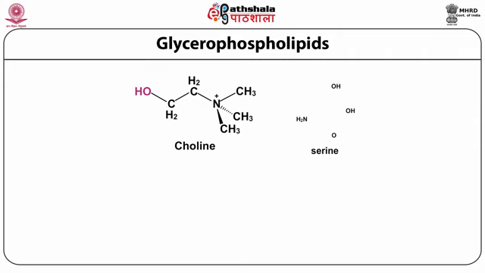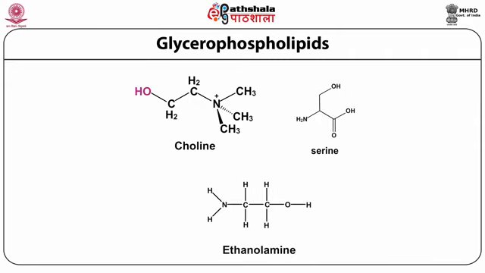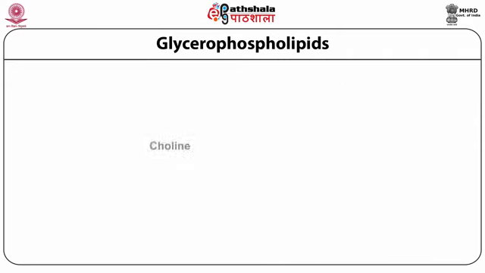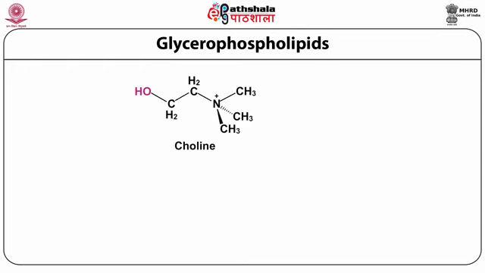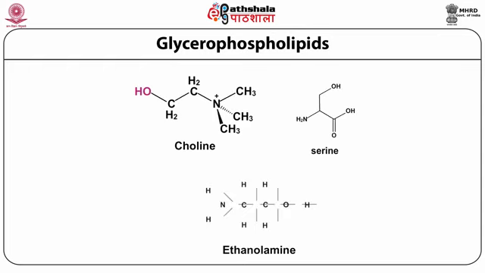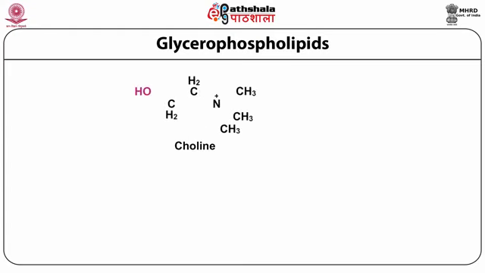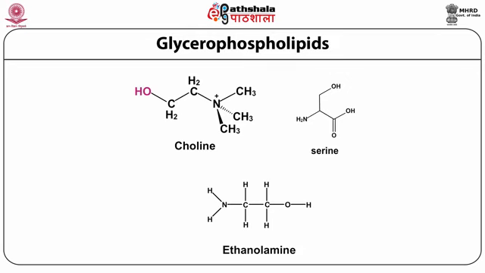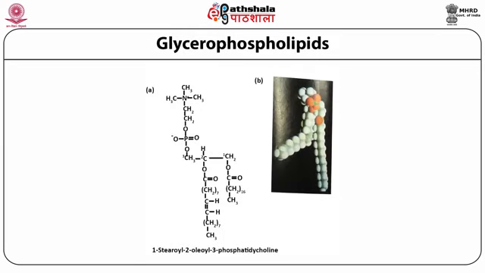These amphiphiles have the two acyl chains as the nonpolar tails, with one polar head consisting of the phosphate esterified with the alcohol from choline, serine, or aminoethyl moiety. The formula of one such glycerophospholipid, 1 stearoyl, 2 oleoyl, 3 phosphatidyl choline is shown here.